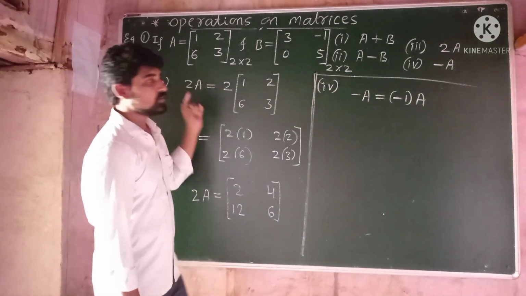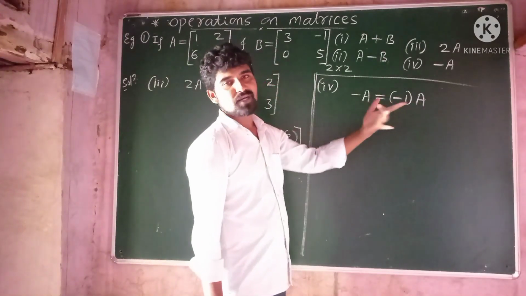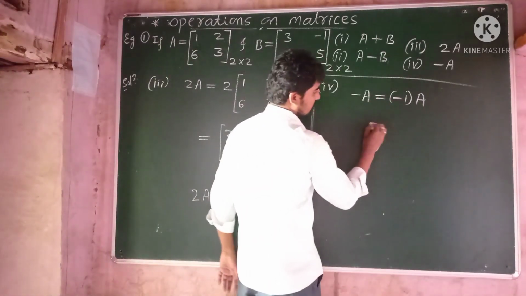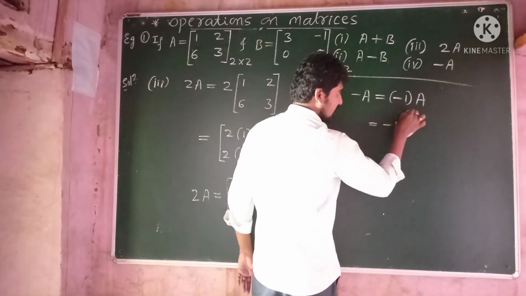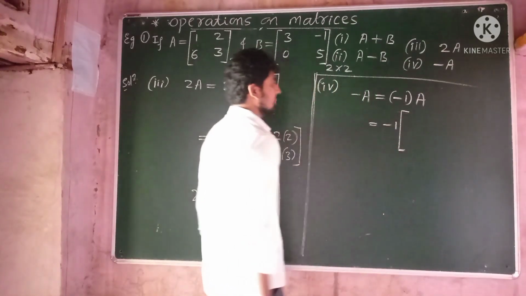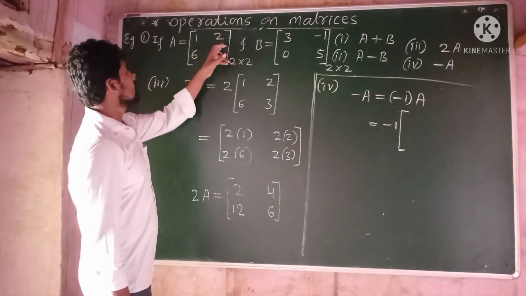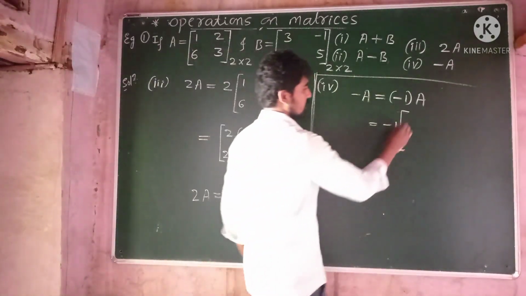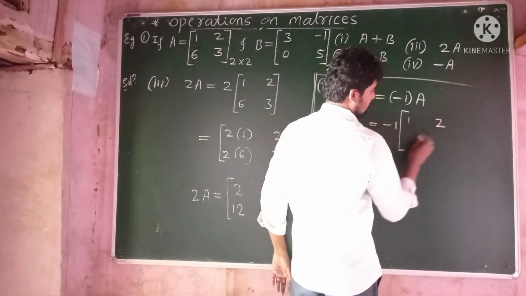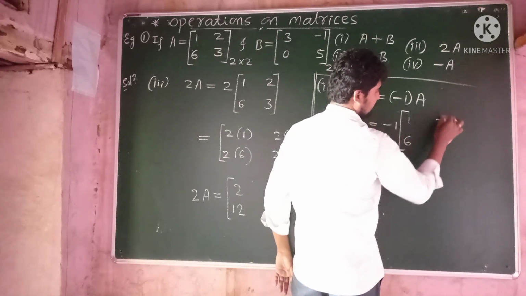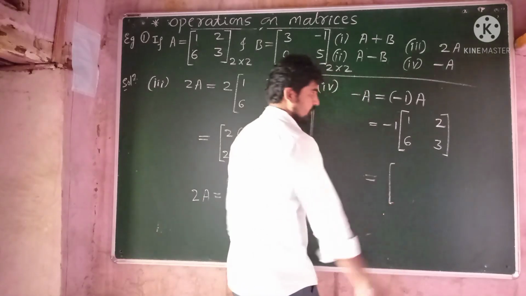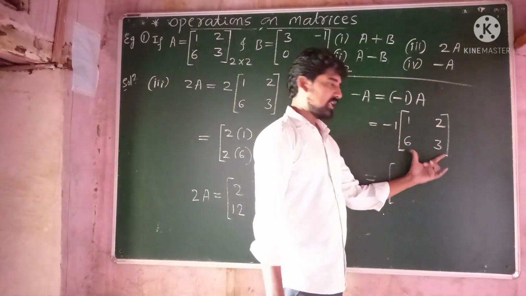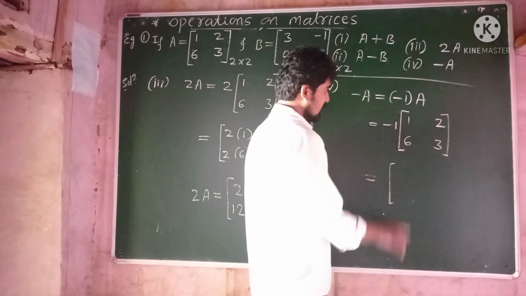There the scalar is 2, here the scalar value is minus 1. So which is equal to minus 1 as it is into the given matrix A, given by 1, 2, 6, 3. Which is equal to multiplication of this matrix A by the scalar minus 1.